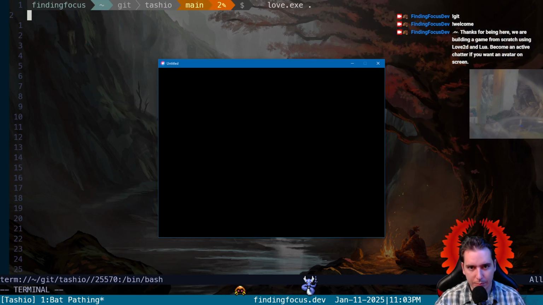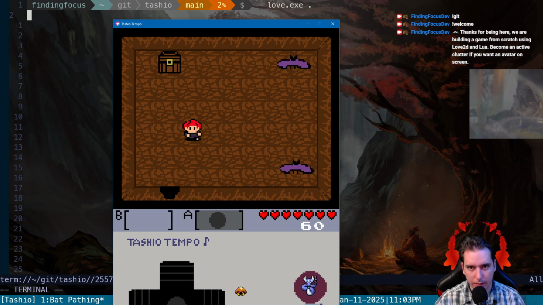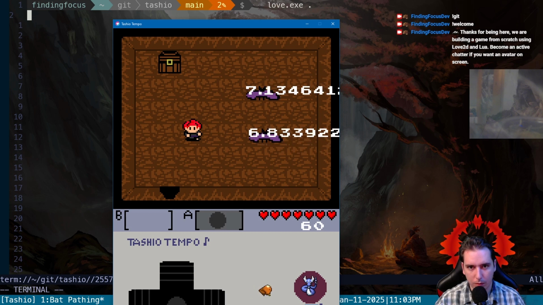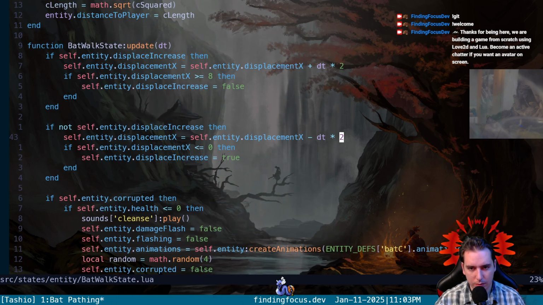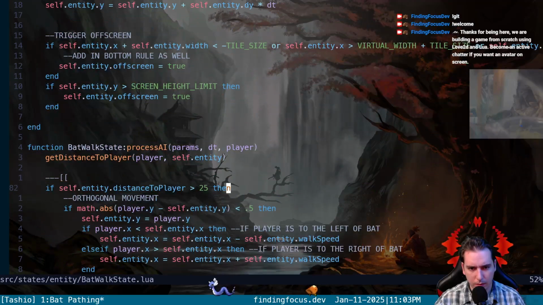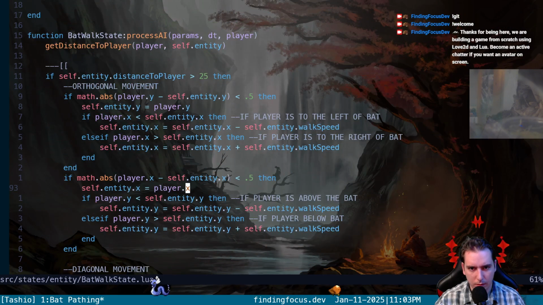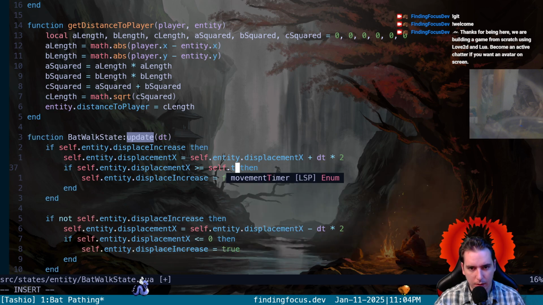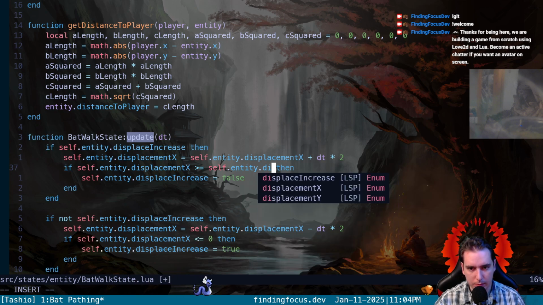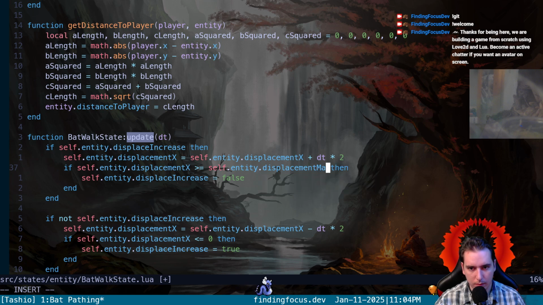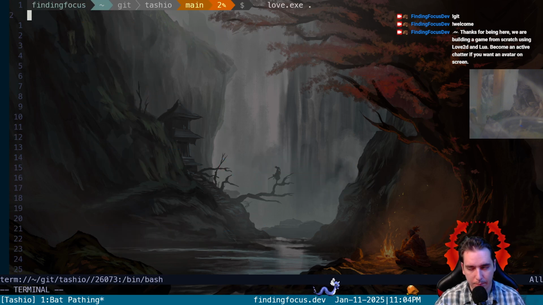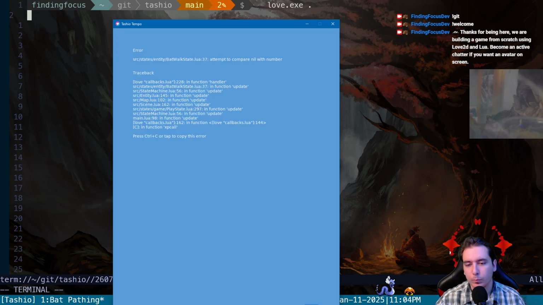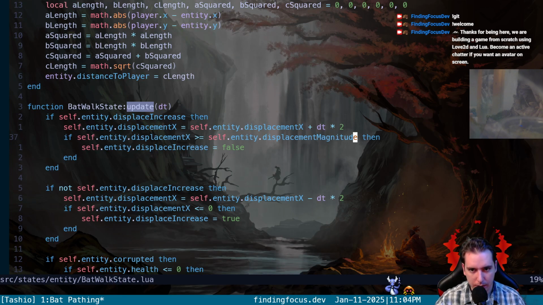Okay, so we should go up to 5, down to 0. Oh, did we not change the hard-coded 8 in the update? Yeah. So we need to say entity displace magnitude, which should be 5. Displacement magnitude.